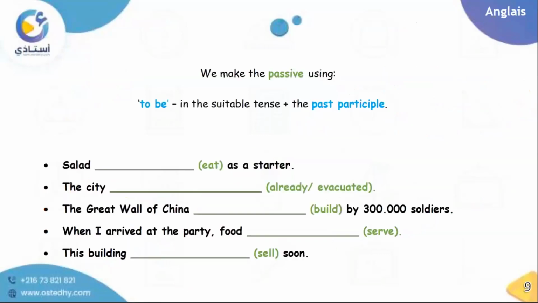We make the passive using to be in the suitable tense. Let's re-say that just for you to understand. Which suitable tense? It is, as we said, in the tense of the verb in the active voice.